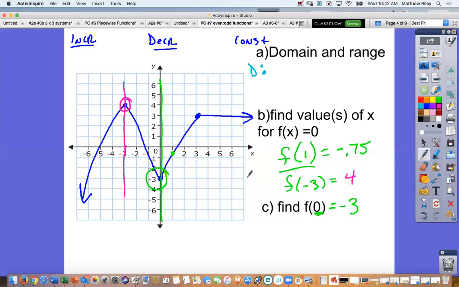Now, just for good measure, what if I said this? Because I can say this. I want to know what are my values. So find f of x, what are my values when I get -2? So what this is saying is, what are my x values when y is -2?